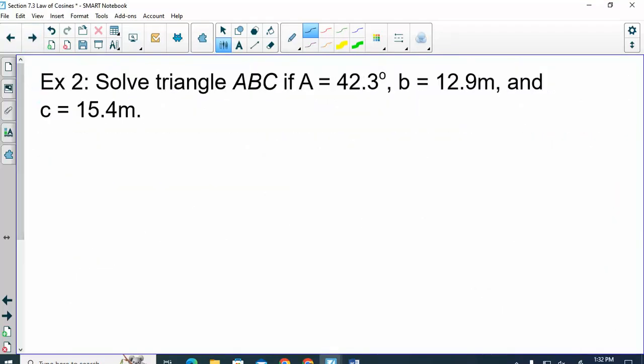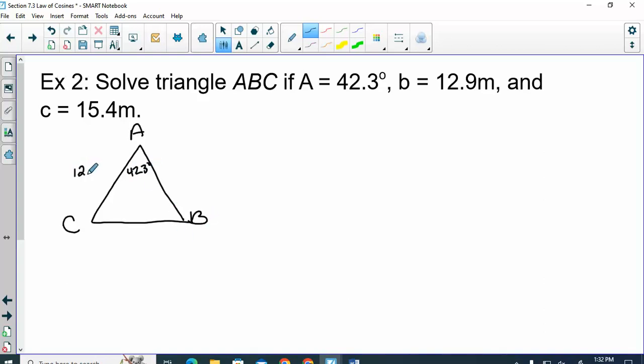Let's do this one. Solve triangle ABC. So if I ask you to solve it, that means find everything. And we have angle A is 42.3 degrees.